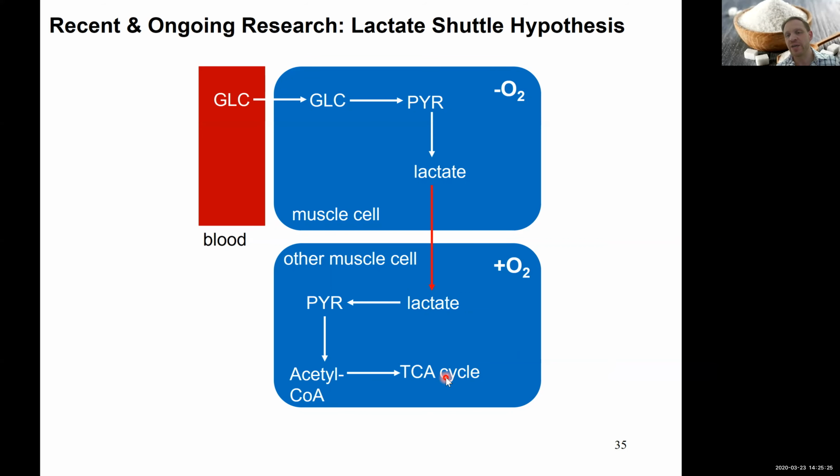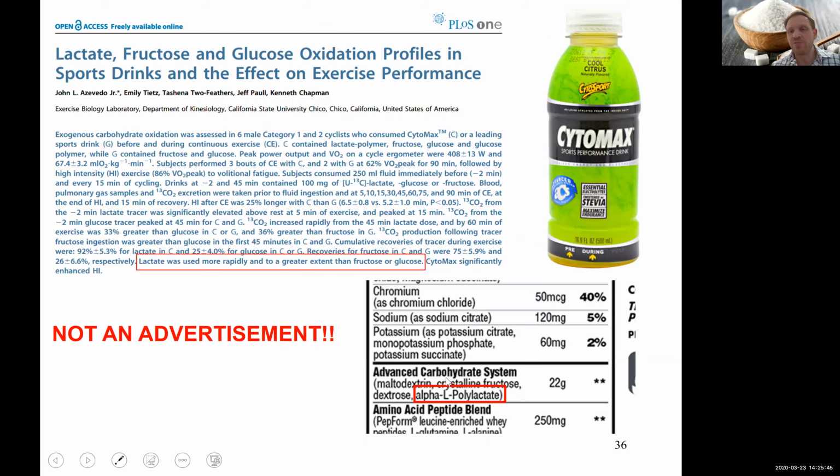So essentially, this lactate shuttle hypothesis argues that there might be a shortcut to the Cori cycle that is using lactate directly and only part of the gluconeogenesis pathway to very efficiently move energy around between muscle cells. And so industry actually has already picked up on this concept, and there are some products here, some of these sport drinks, and this is not an advertisement for this particular one, just to highlight how it could be used.